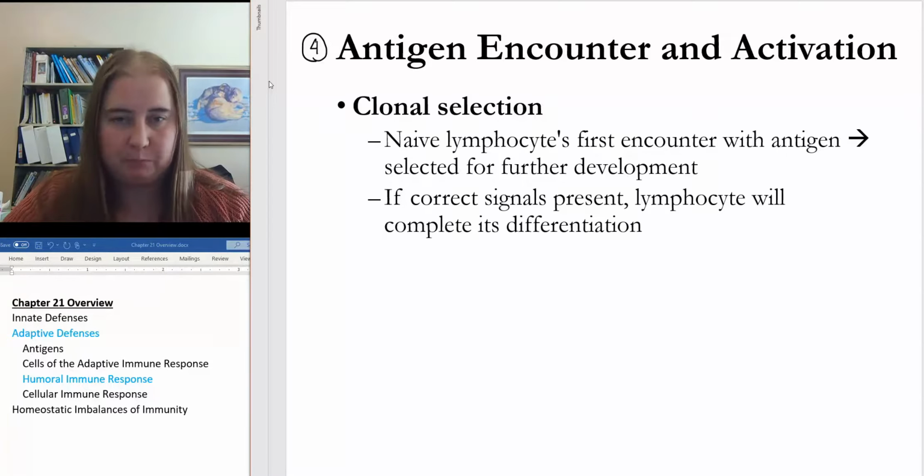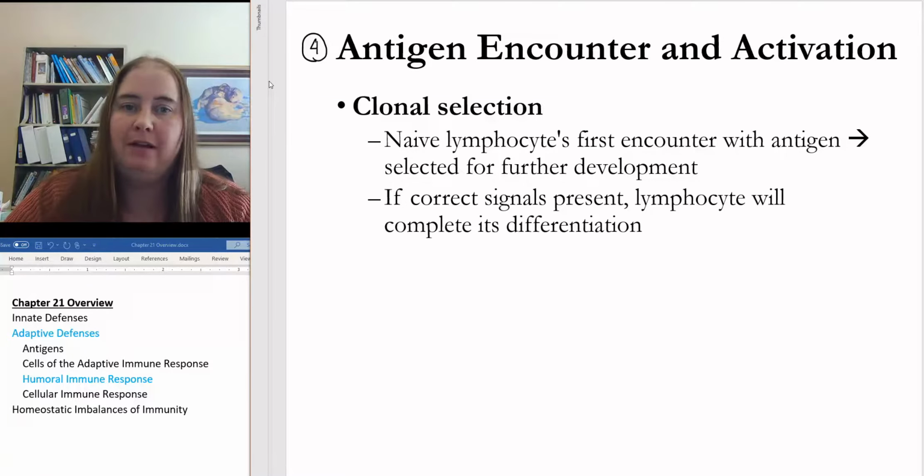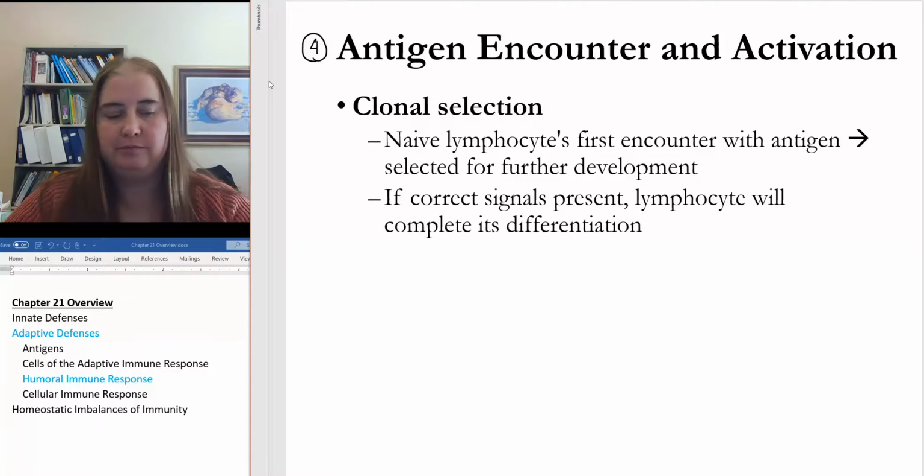Okay? So, we have a naive lymphocyte. Okay, again, rookie patrolwoman out in our secondary lymphoid organs. And all of a sudden, it encounters an antigen. When that encounter occurs, that means that cell is going to trigger further development. And we get something called clonal selection. Okay?